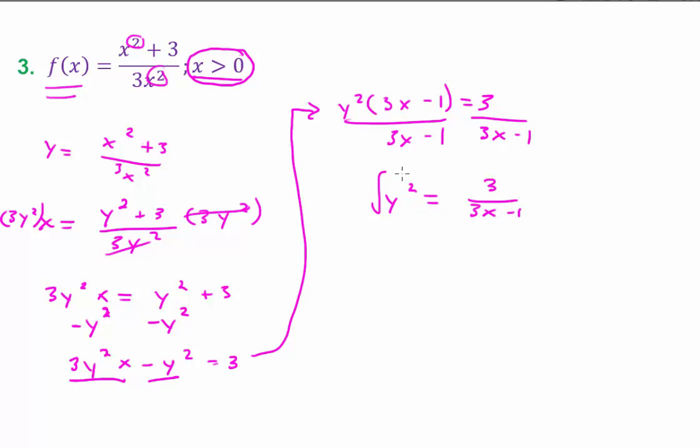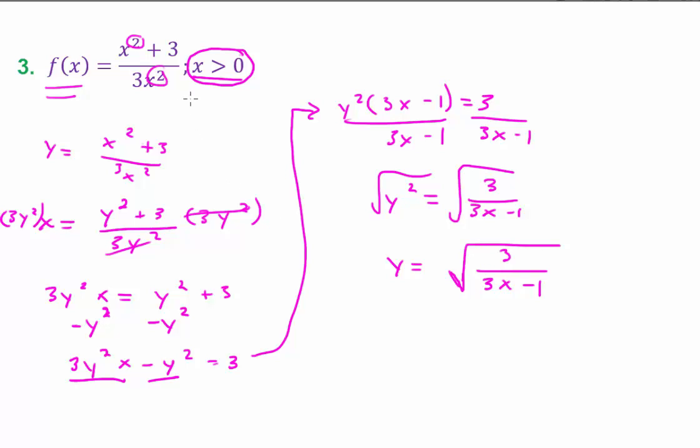All right, last step, we notice here we have to square root. And so when we square root, we get y is equal to the square root of 3 over (3x minus 1). Now, typically you're used to doing the positive and negative, so in other words, plus or minus the square root. We actually don't do that, and here's the reason.